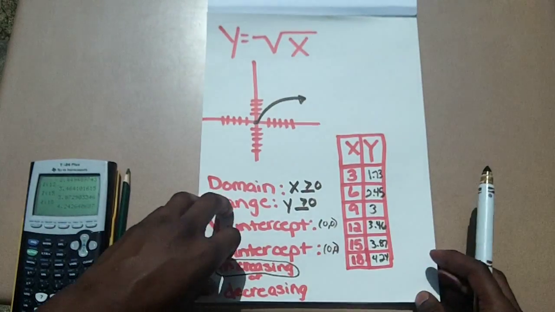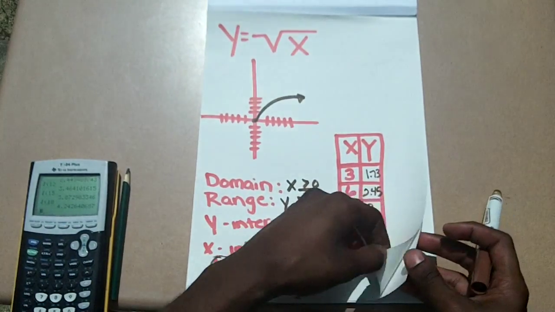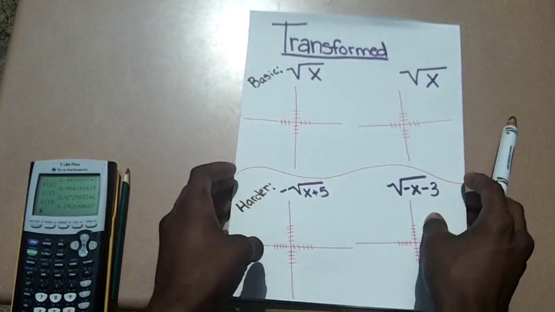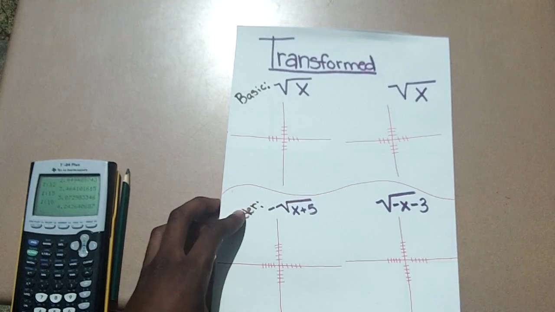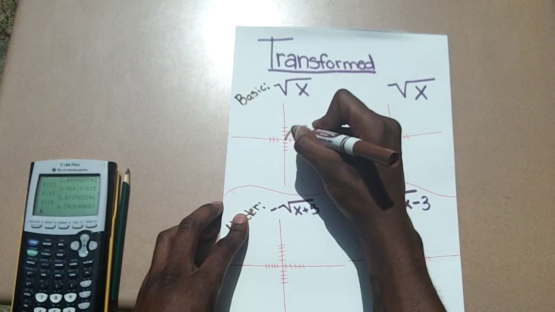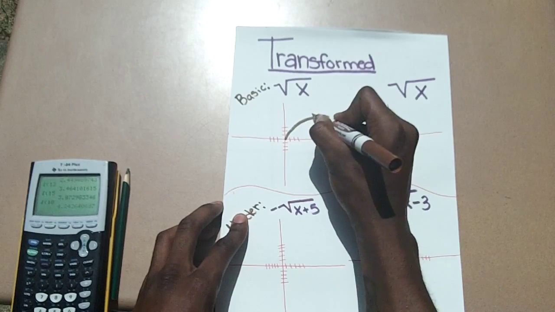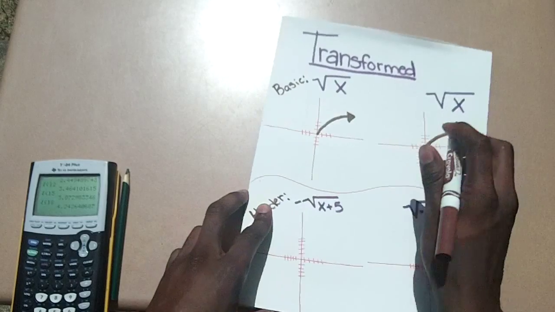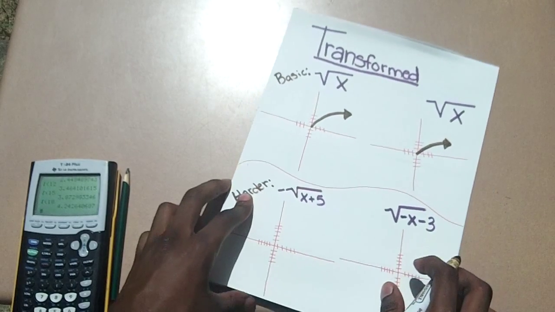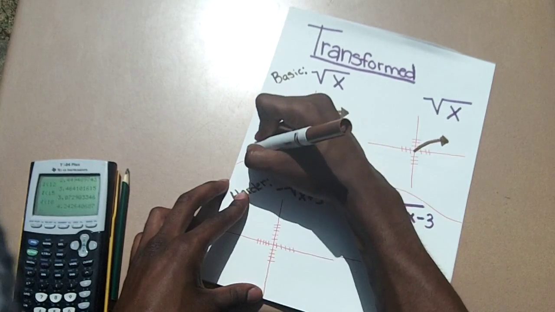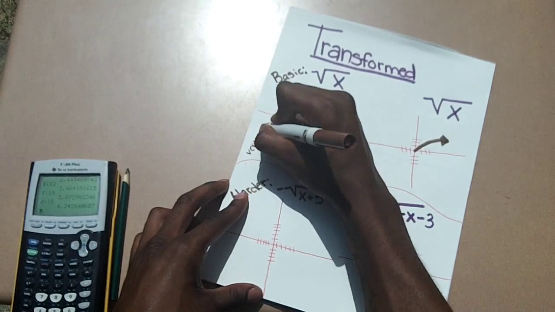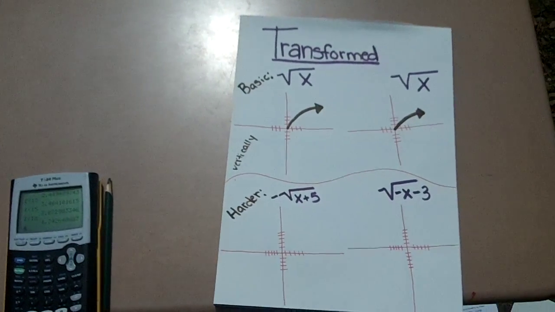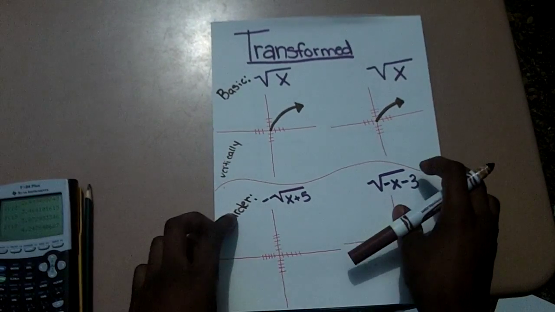Now we move on to transformations. For starters, my graph looks like this, if you remember. That's my original. Now this side, we're going to flip vertically. And when flipping vertically, you have to insert the negative in front of the whole function.